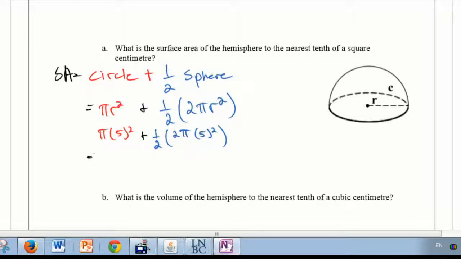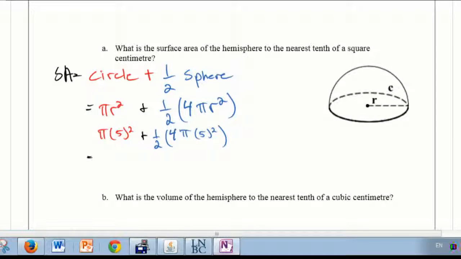All right. I think I've made a mistake. I sensed something was wrong. My spidey senses were tingling. The surface area of a sphere is 4 pi r squared. Abby, you caught me on that one. That makes more sense. I'm happier with that.